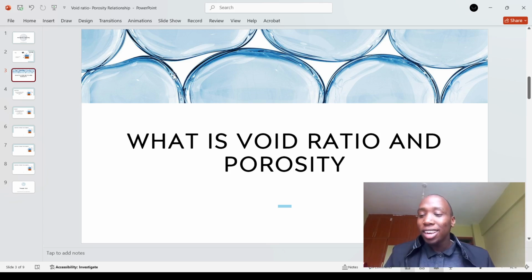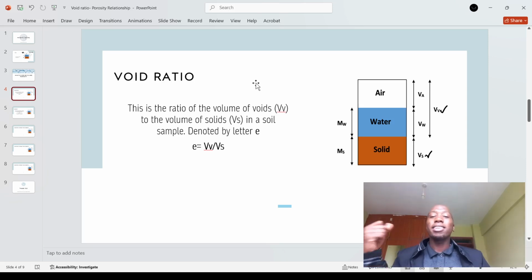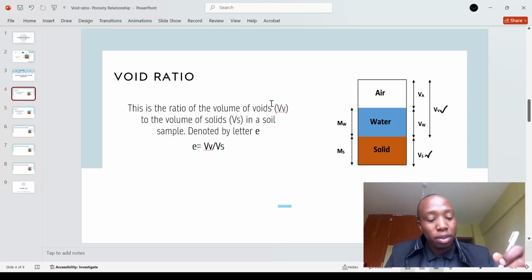Welcome back. So void ratio is the ratio of the volume of voids to the volume of solids. Where do we see that? We see that in the phase diagram.